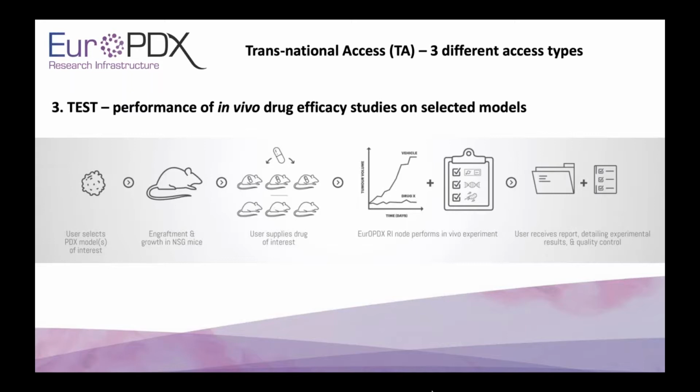You would, similarly to sample access, be able to select the models you want to work with in the EurOPDX Data Portal and provide the drug to one of the 6 nodes. The drug efficacy study would be performed in one of the 6 nodes. So you receive at the end the final report with the experimental results and the quality controls performed.